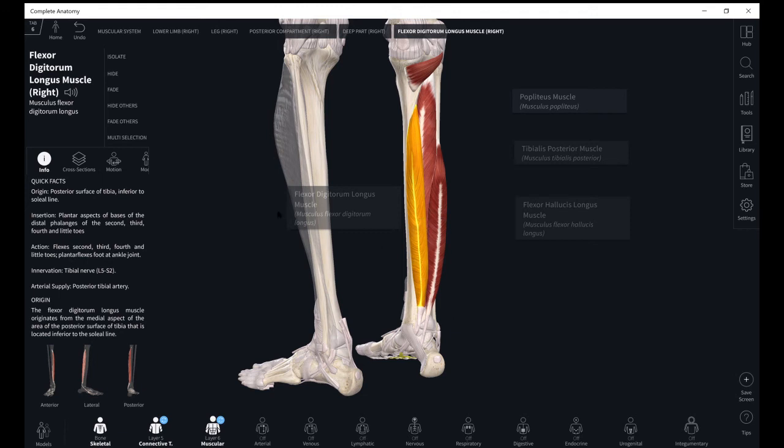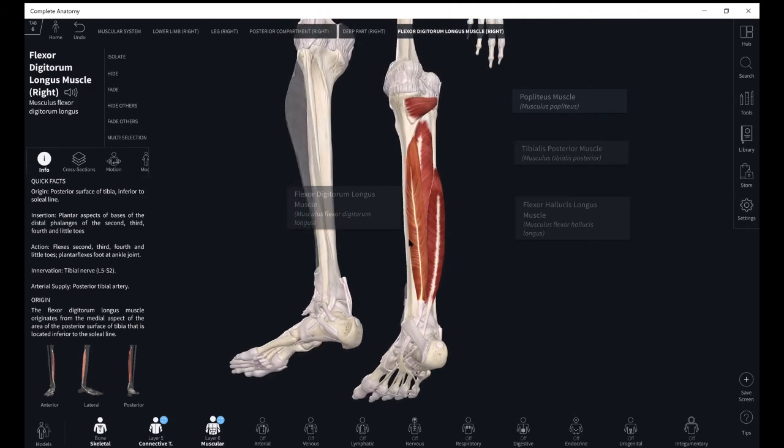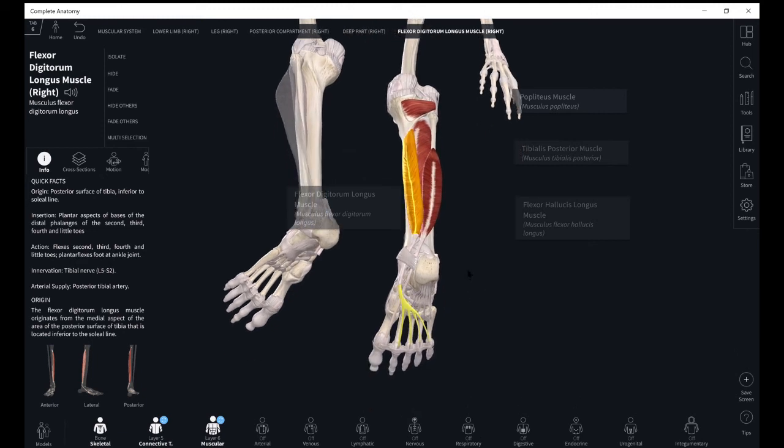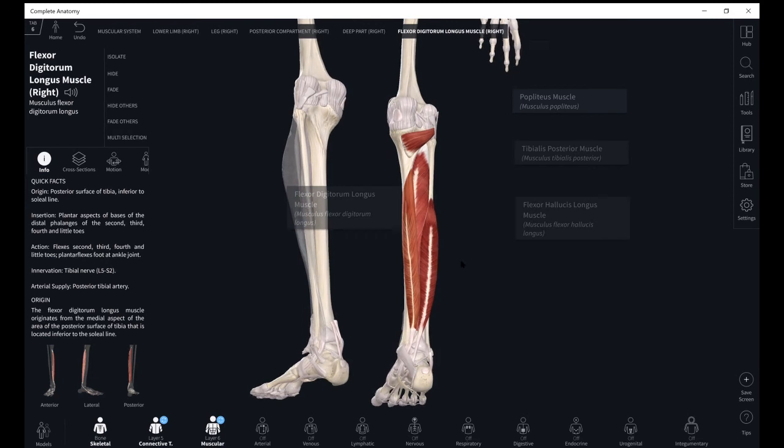But flexor digitorum longus, the origin is the posterior surface of the tibia, inferior to the soleal line. It inserts into the plantar aspects of the bases of the distal phalanges of the second, third, fourth, and little toes. Its action is flexing that second through fifth toe and plantar flexing the foot at the ankle joint. Innervation here is tibial nerve L5, S1, S2.